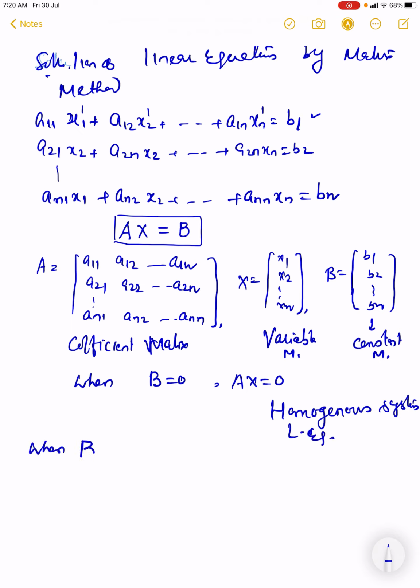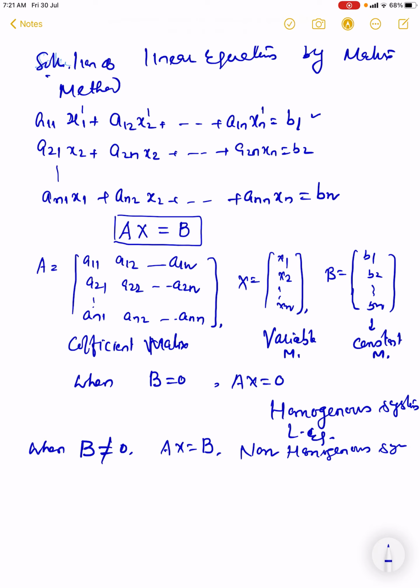When B is not equal to 0, AX equal to B, this is known as a non-homogeneous system of linear equations. What is the difference between these two?